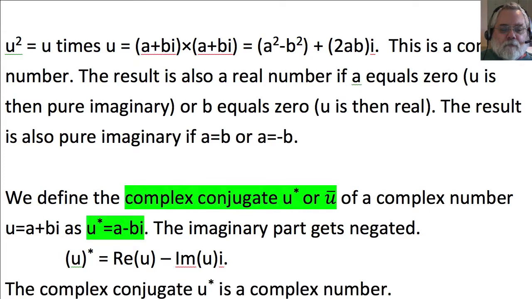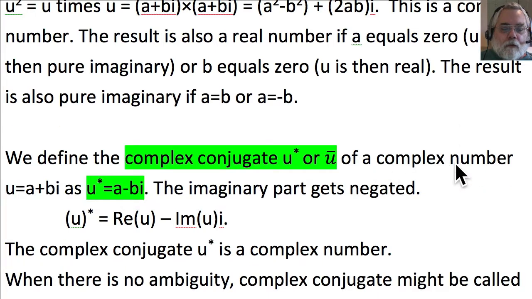We define the complex conjugate u star, or u bar, of a complex number u equals a plus bi, as u star equals a minus bi. The real part is unchanged, the imaginary part gets negated. So u conjugate equals the real part of u minus the imaginary part of u times i. The complex conjugate u star is a complex number.